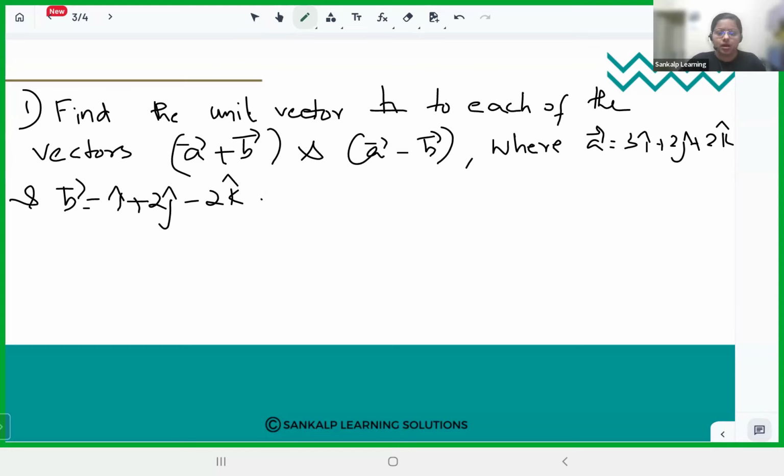So in this first question you have to find a unit vector that is perpendicular to both of the vectors A plus B and A minus B.